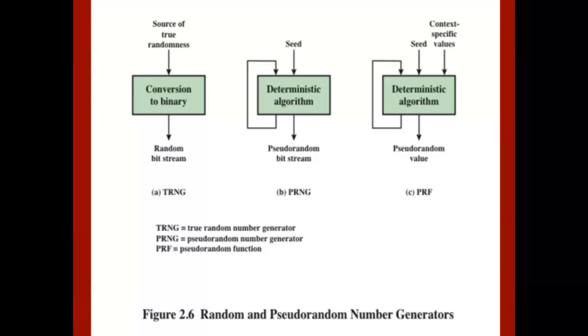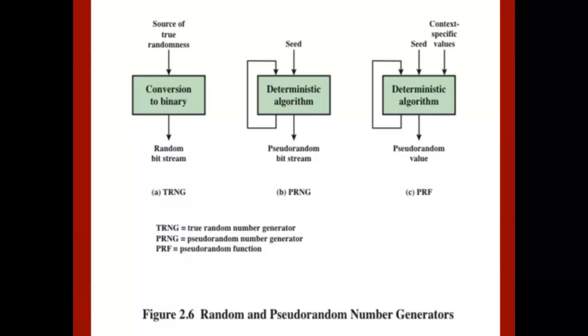A TRNG may simply involve conversion of an analog source to a binary output. The TRNG may involve additional processing to overcome any bias in the source. In contrast, a PRNG takes as input a fixed value called the seed and produces a sequence of output bits using a deterministic algorithm.